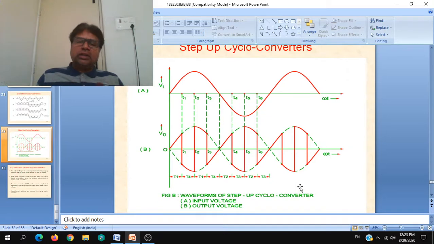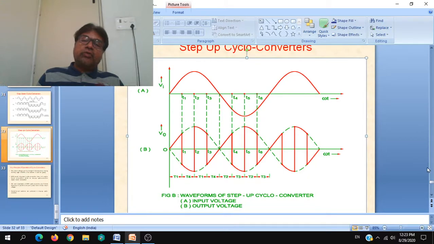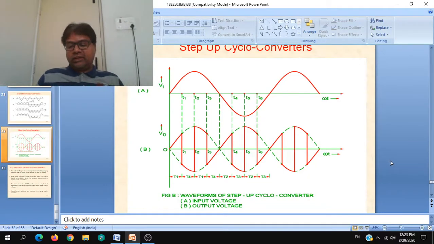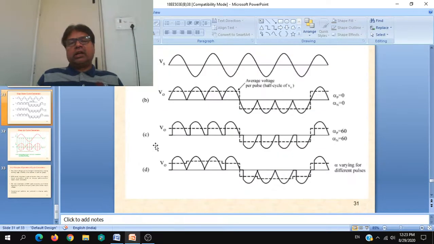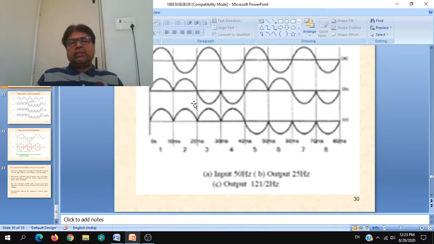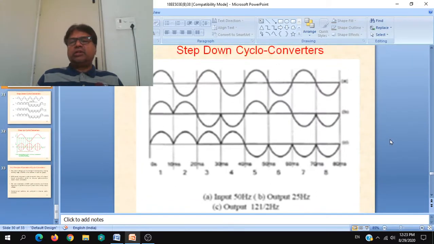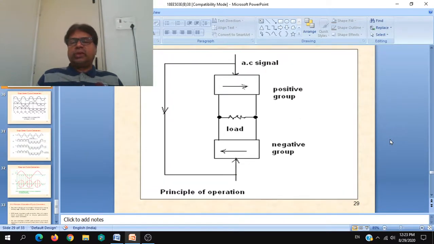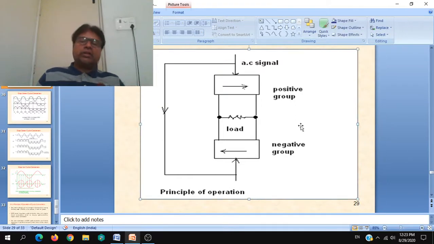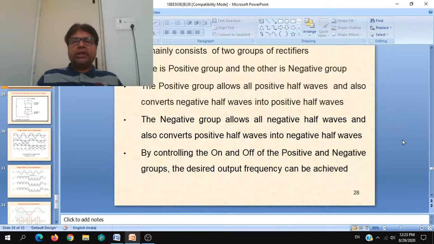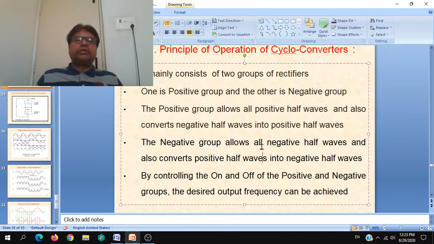So this is a multiplication by 4, an increase of frequency. So draw an input supply voltage, a step up frequency, and a step down frequency, mentioning its multiple, and then draw this block diagram and explain the operation like this.